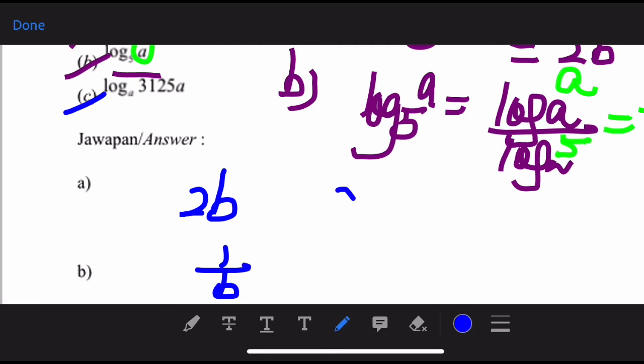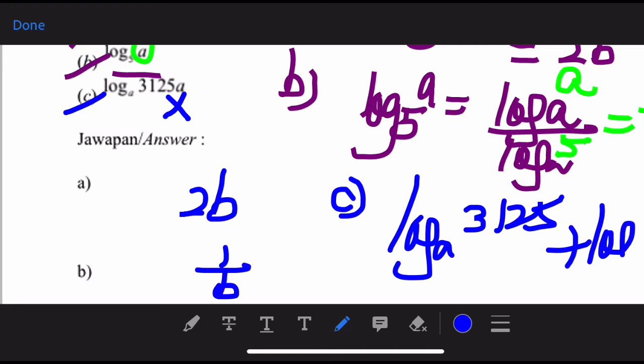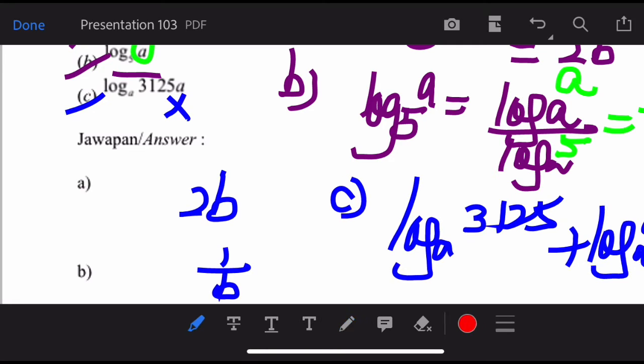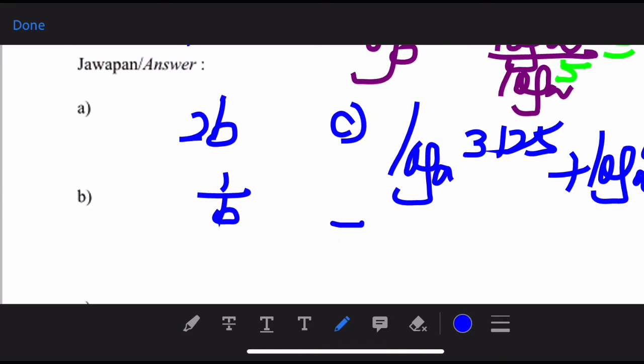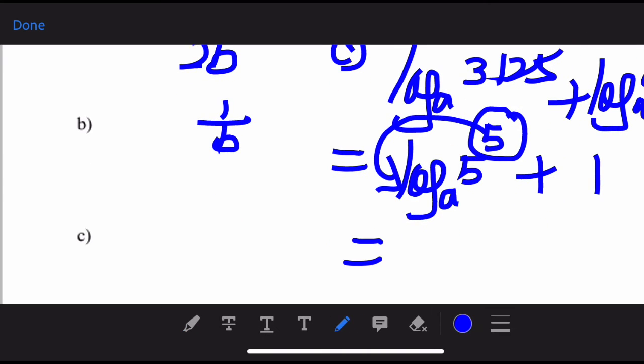And then for (c), log a 3125 multiply, it becomes plus in product law, multiply becomes plus. So for this one we have to express a 5 to the power of 5, and this is 1, and this one is the power, so we have to bring it to the front, it becomes 5 log a 5. 5 log a 5 is 5b, right?